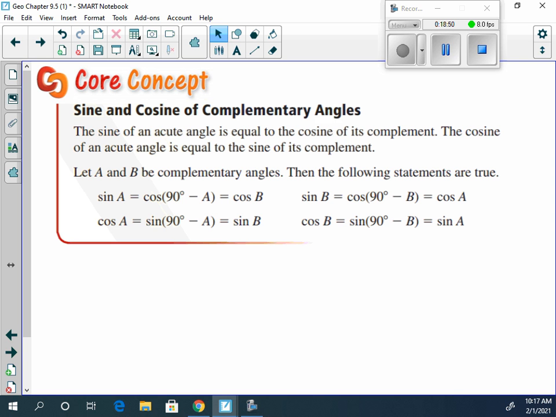So they have this relationship all the way through. The main thing is that sine of angle A is equal to cosine of 90 minus A, and cosine of A is equal to sine of 90 minus that angle.